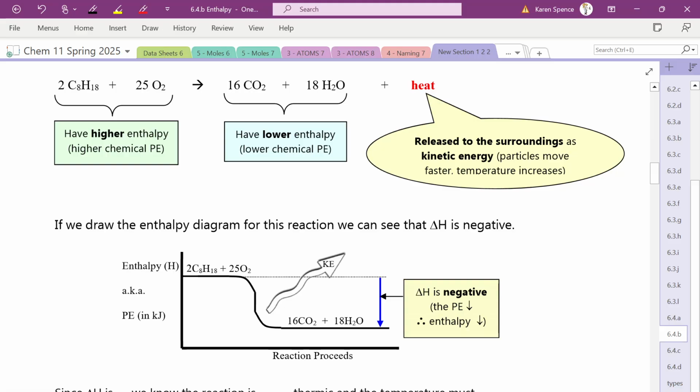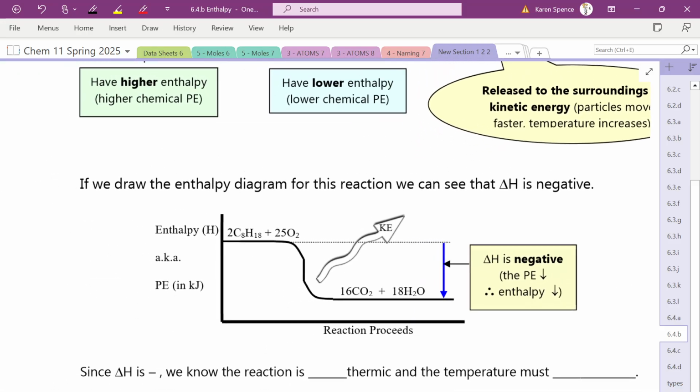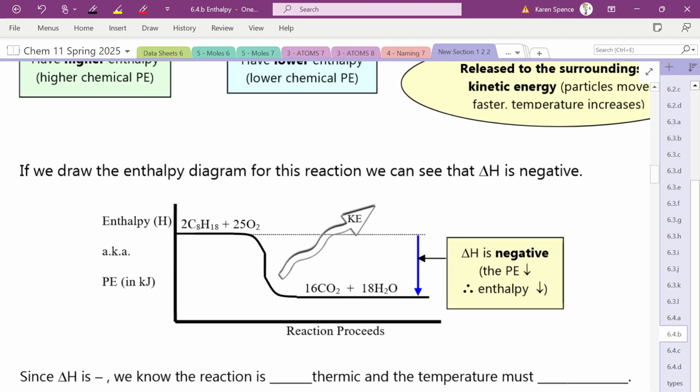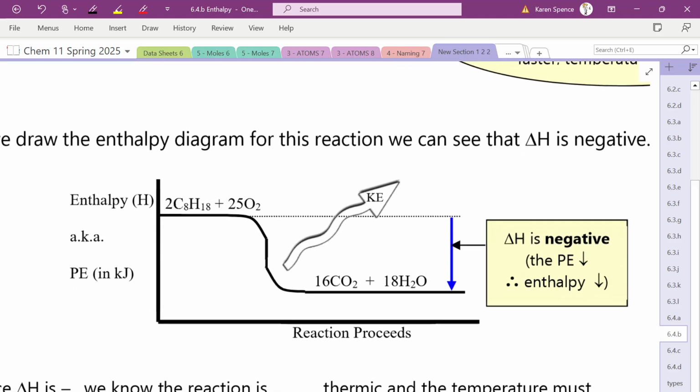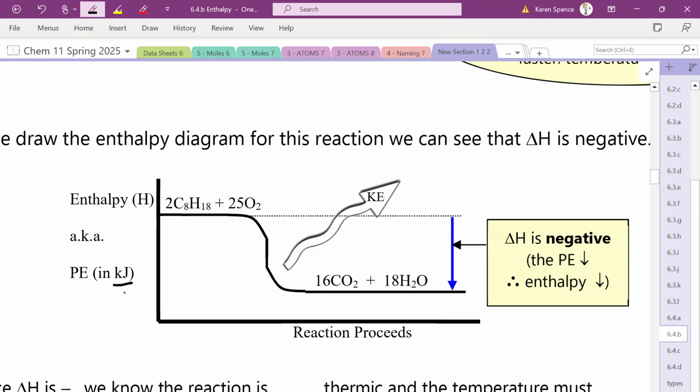Okay, so now this is the official little diagram here on our next page. You can see here's our reactants up at the top. This should say kilojoules per mole. I would say when you are labeling the y-axis, don't label it as enthalpy, label it as potential energy, okay?